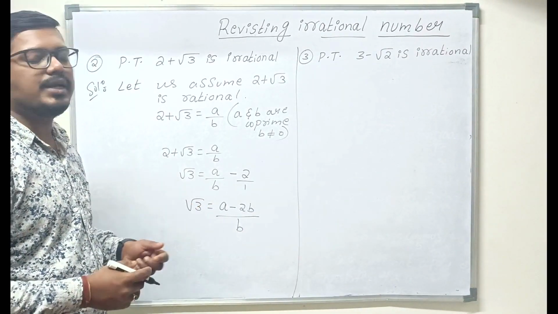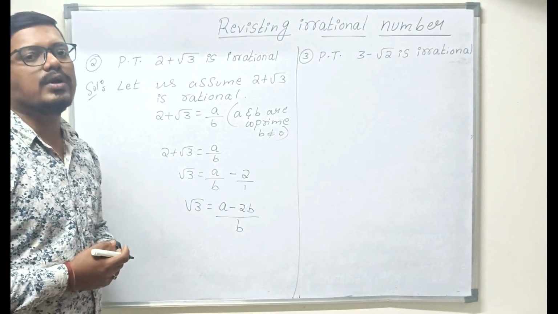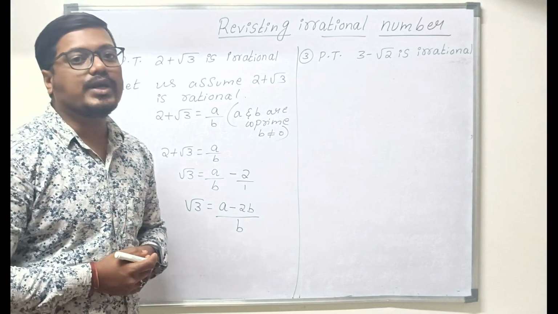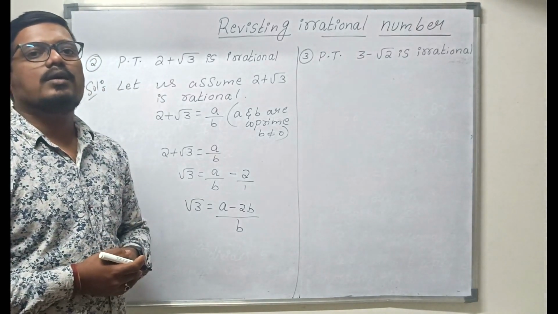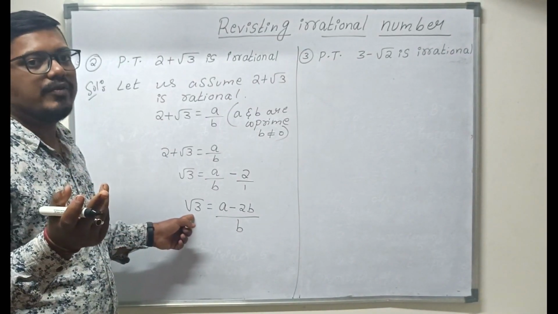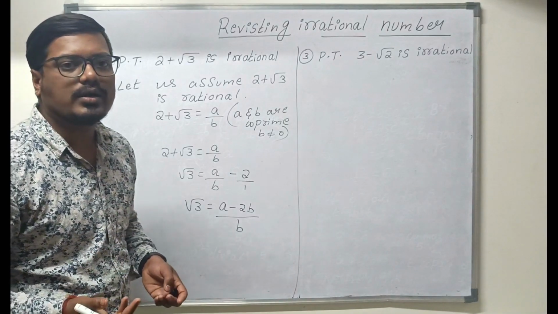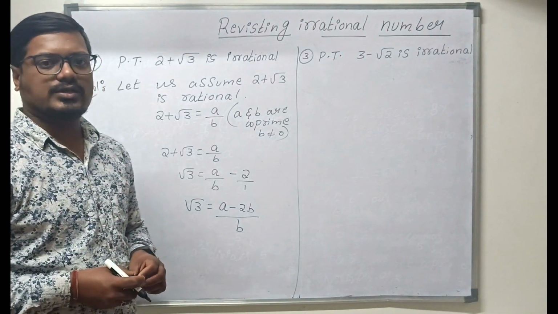Since we have expressed it in terms of a by b, we can say that it is a rational number. Why? Because root 3, what did we prove in the previous theorem? We have proved that root 3 is irrational, right?